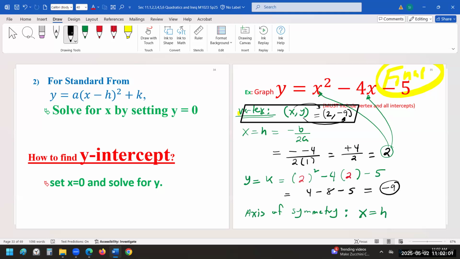So in our case, it will be x equals 2. Questions so far? So you're happy about our vertex.